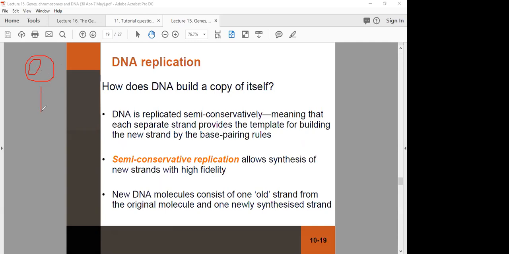And that zygote will divide into 2 cells, but they stay joined together, and then they divide into 4 cells, and so on to form an embryo. Okay, and each round of division, of course, requires replication of DNA.